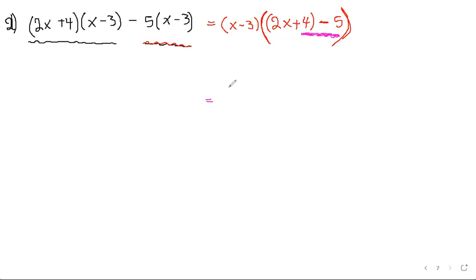What does that give me? 2x plus 4 minus 5. What does that give? Minus 1. Yes. So this is the final answer. This is the factor for this one.